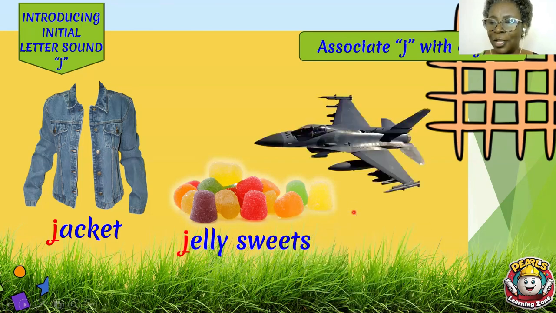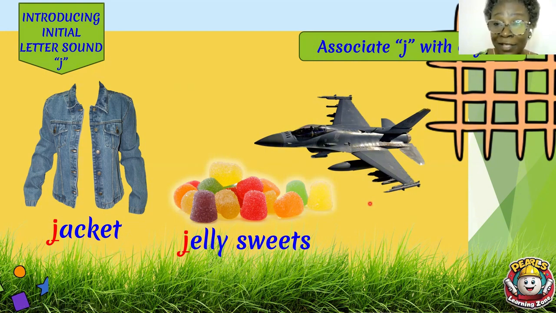How about this? Jet. Jet fighter. Who are the people that use this? The armies. They use it to fight war. Yes, jet. What else can you say? It's very fast when flying.